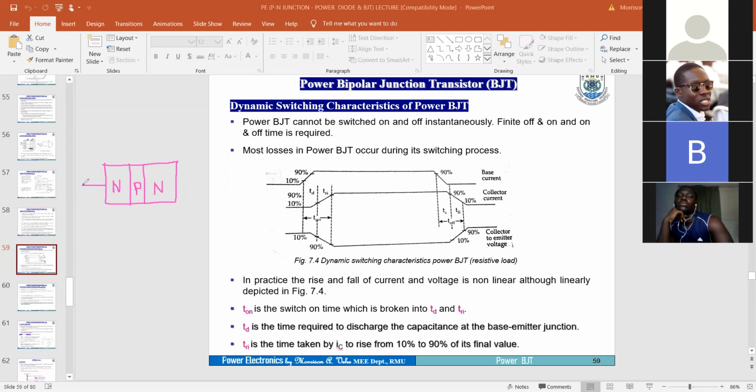The base terminal is here. This will be my collector, of course.